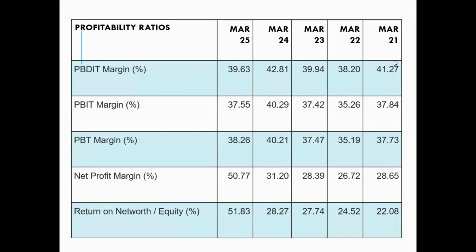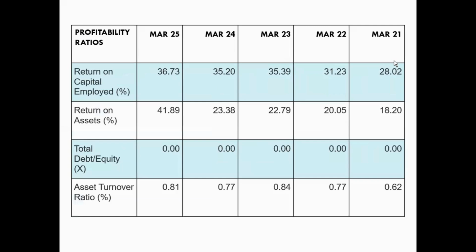Return on net worth or return on equity is 51.83, 28.27, 27.74, 24.52, and 22.08. These are the profitability ratios.